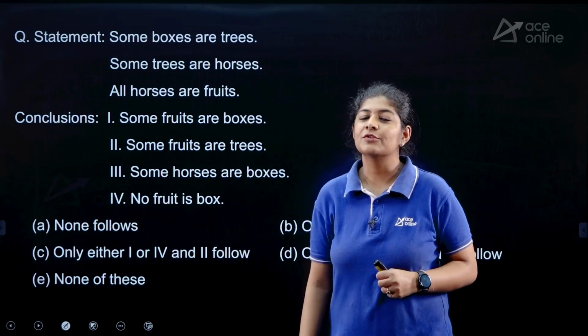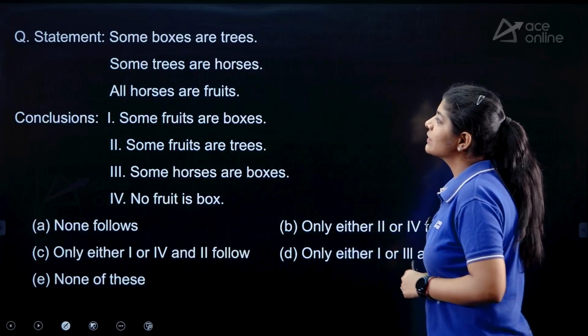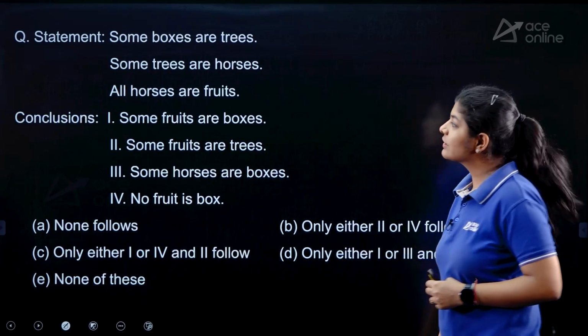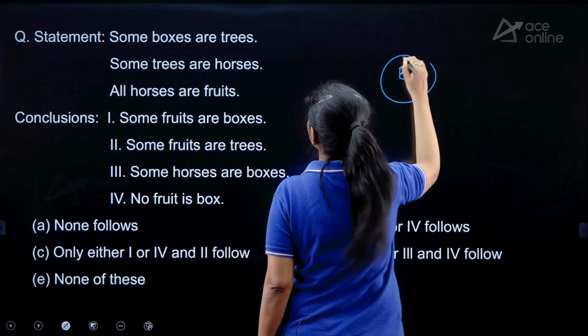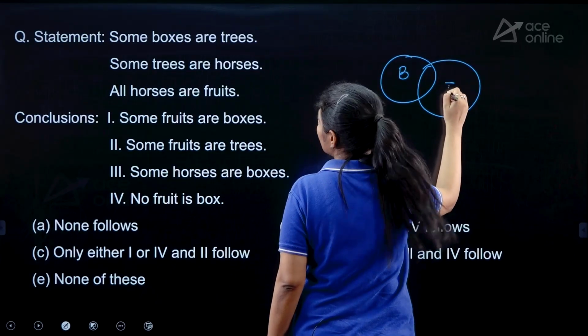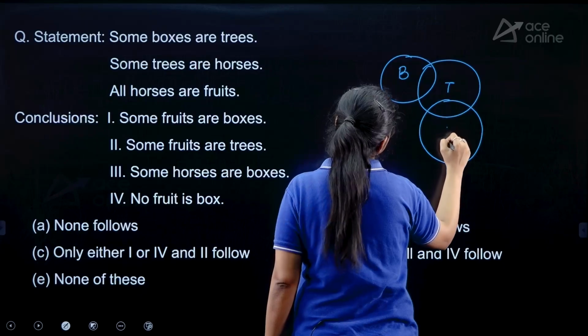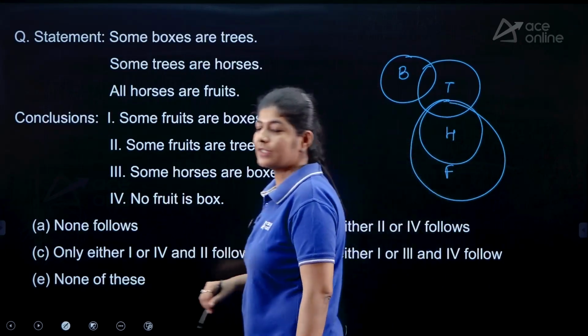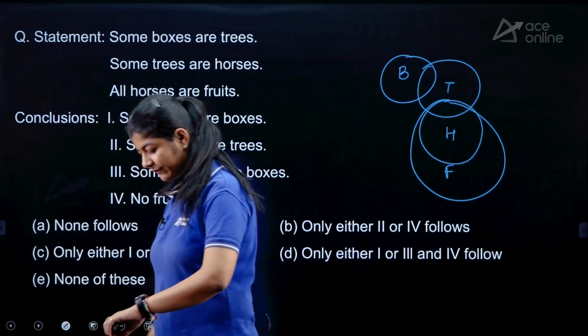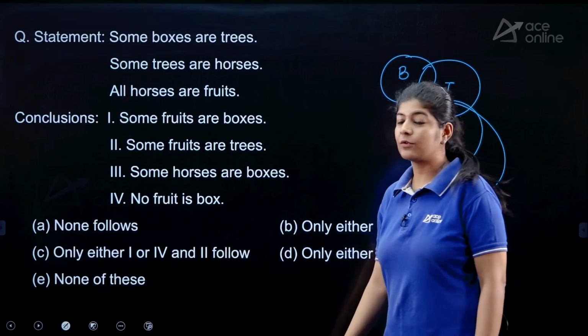Next, the next question is from the concept of syllogisms, and we know that we can easily solve it. First, some boxes are trees, some trees are horses, and all horses are fruits. This is my basic diagram. Now what I have to do, I have to check my conclusions.